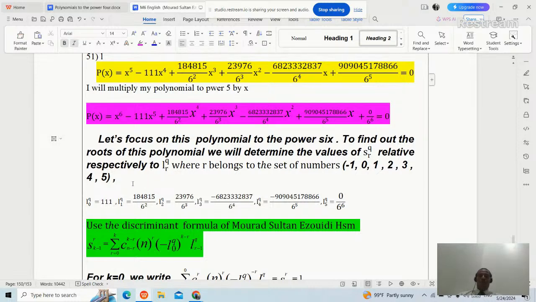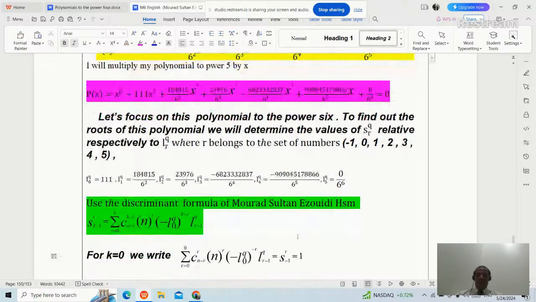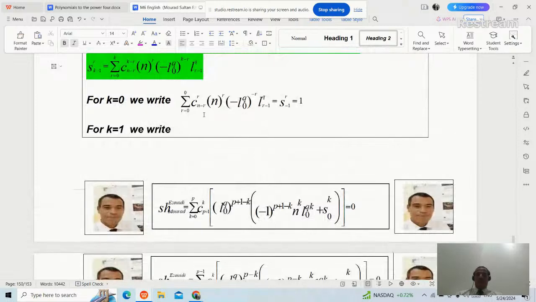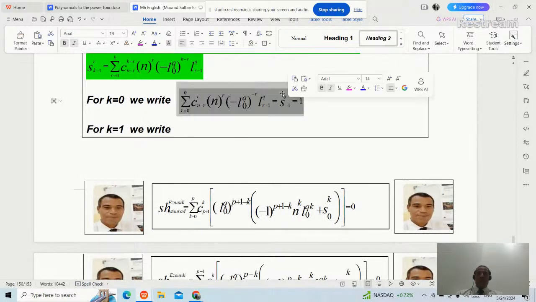We'll use this to find SR, but SR should be given by Mr. Mourad Sultan Ezouidi's own formula. I'm explaining this for you. Now, learners, when k equals 0, this one should be equal to 1.